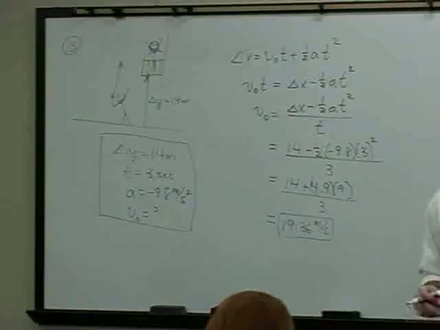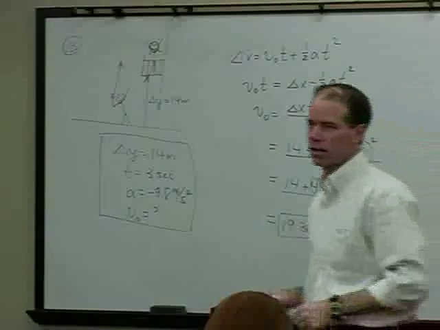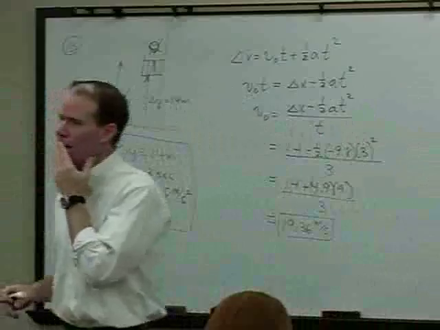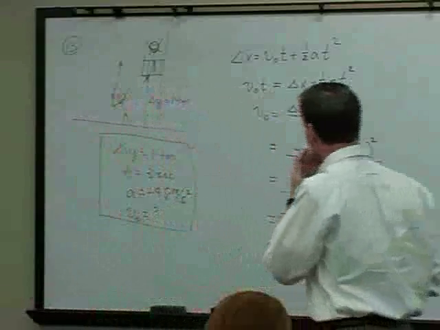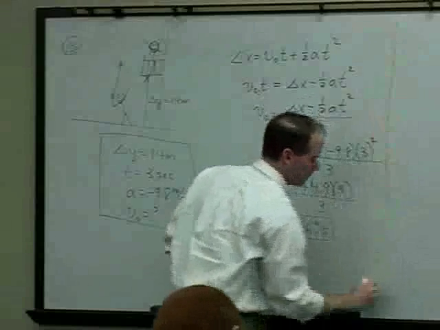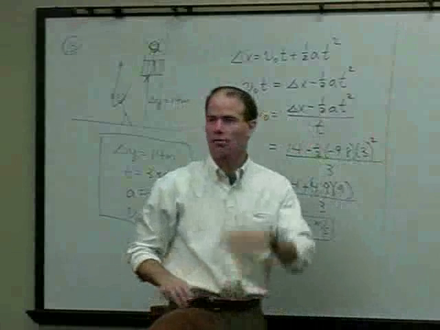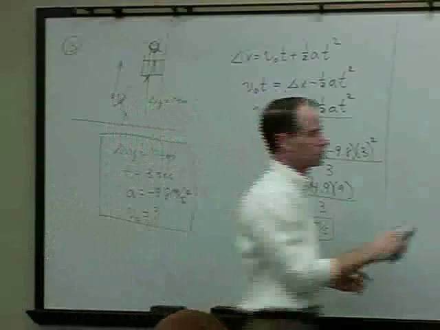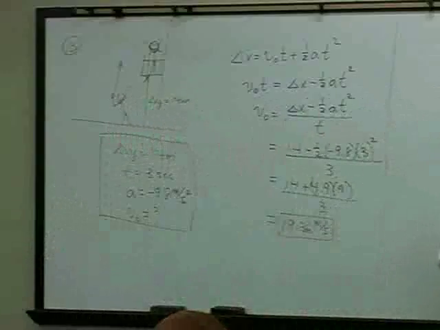So was the ball going up or down when they caught it? Can't you plug in 0 for the velocity and solve for the time? I could. That's all right. Let's do that. Let's see how much time it would take to go to maximum height.